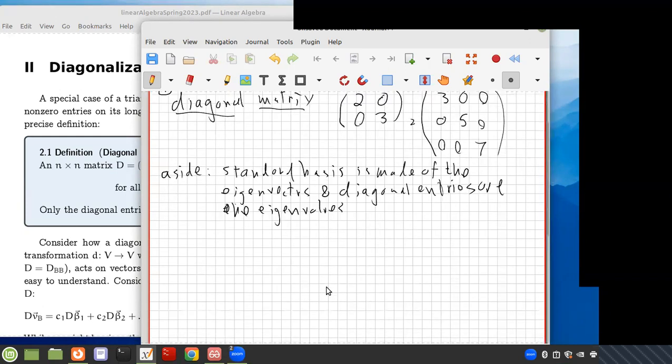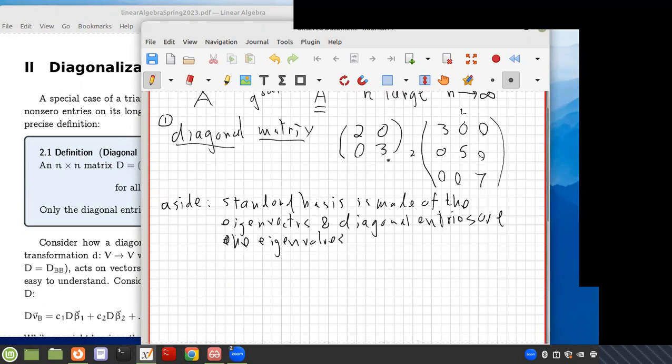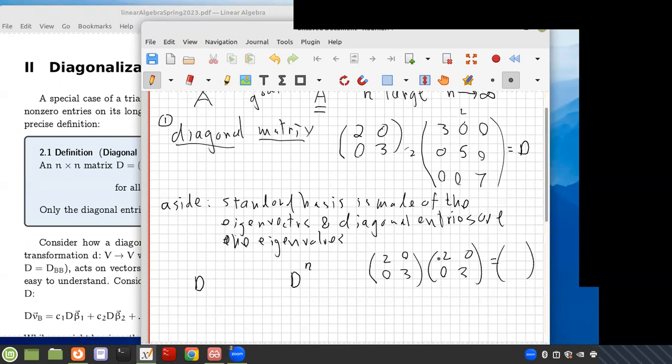So, with that said, here's the strategy. Let's call this a diagonal matrix, say D. If I had a diagonal matrix D, it would be easy to calculate the nth power. If I take 2, 0, 0, 3 times 2, 0, 0, 3, you can see it's just going to be 2 times 2 plus 0 times 0, which is 2 squared, and the off-diagonal entries will all be 0. The other entry will be 0 times 0 plus 3 times 3, which is 3 squared.